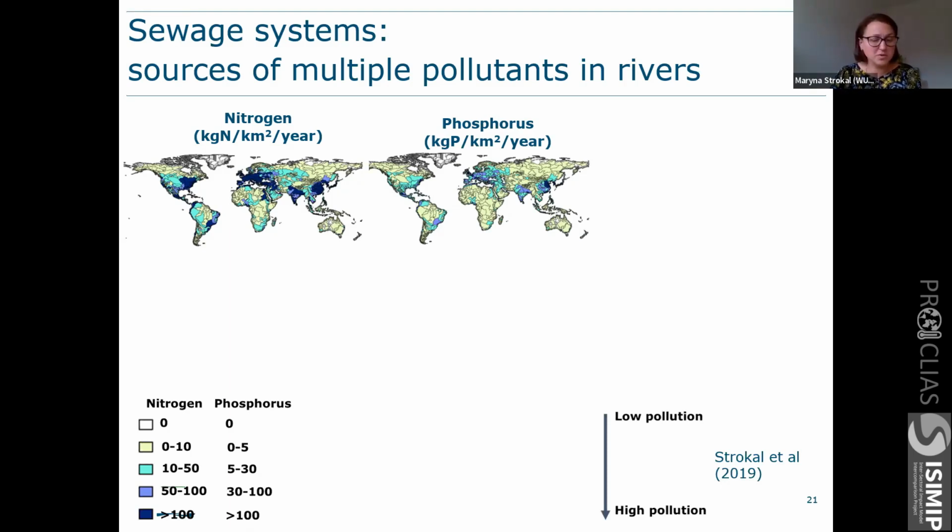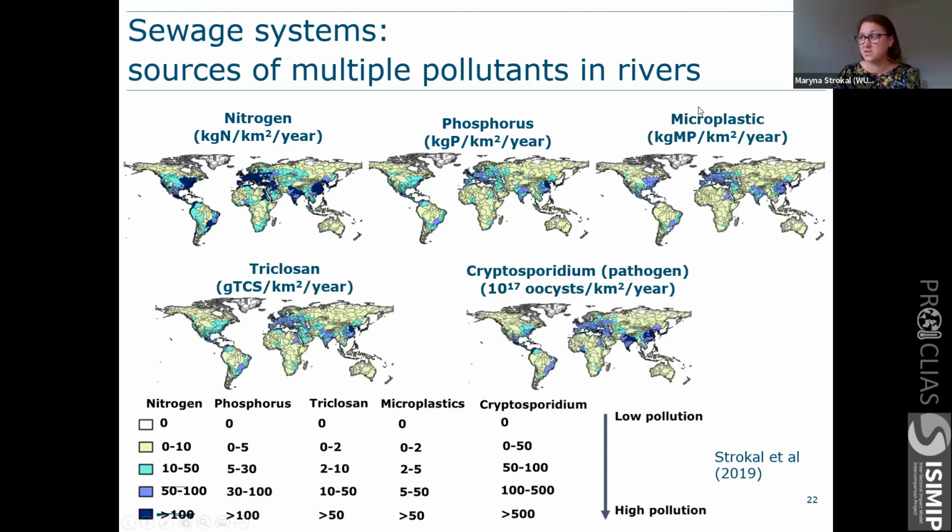But sewage can contribute more than nutrients. So sewage can also discharge microplastics, triclosan, and cryptosporidium. Microplastics come from, for instance, personal care products, laundry, household dust. Triclosan is an antibacterial agent, so you wash your hands and you use soap, and you can find triclosan there, and then it enters the sewage system. And cryptosporidium is the pathogen that can cause diarrhea.